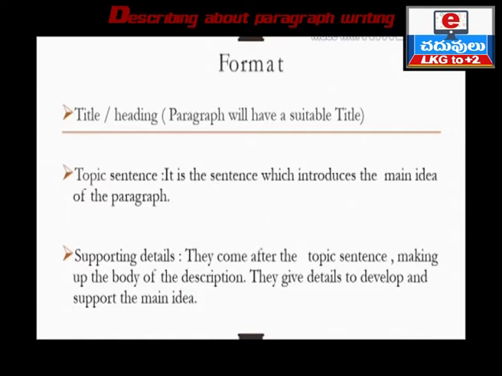The first sentence is called the topic sentence, and this sentence introduces the main idea of the paragraph. After the first sentence, we will have the supporting details. These sentences make up the body of the description. They give details to develop and support the main idea.